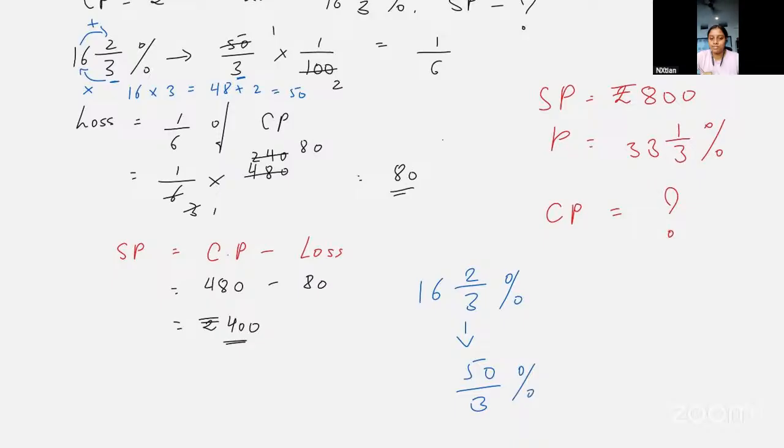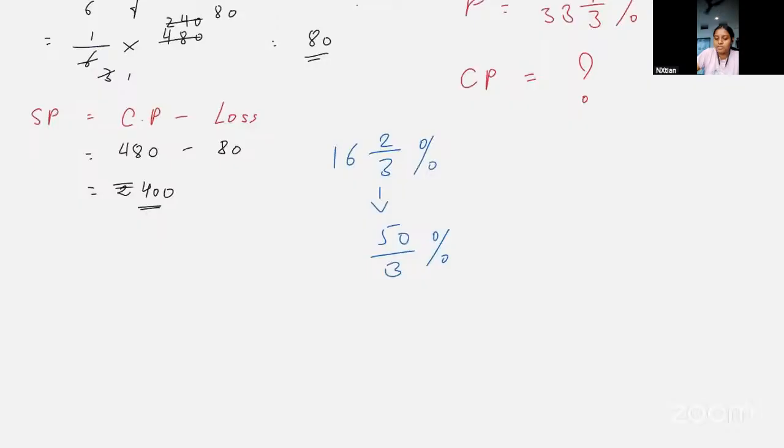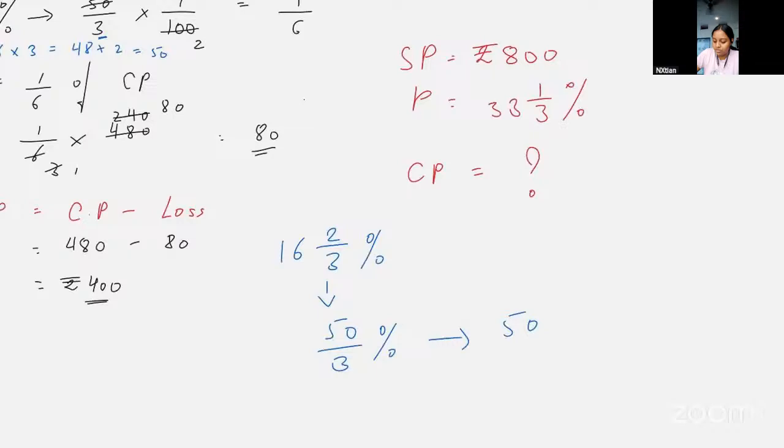Okay, it's still 50 upon 3%. To remove this percent sign, we have to do 50 upon 3 into 1 upon 100. Then you cancel. 50 ones are 50, 50 twos are 100, 1 multiplied by 1, 1, 3 multiplied by 2, 6. That is how you get 1 by 6.